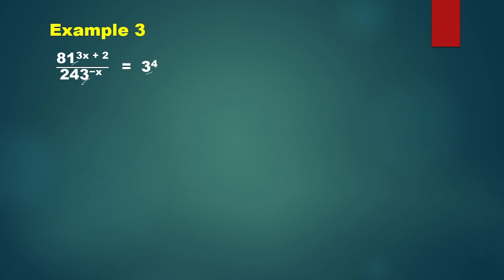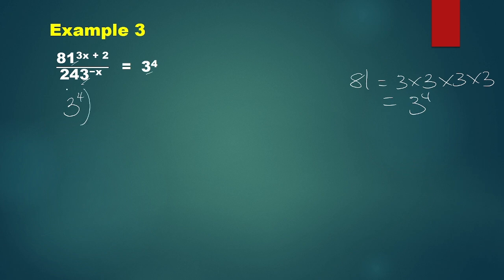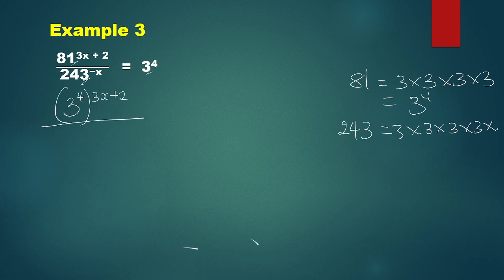There's nothing I can do yet, but I can break down 81 into 3 multiplied by 3 multiplied by 3 multiplied by 3. That is 3 in 4 places will give me 81. So I can rewrite 81 as 3 raised to the power of 4 into 3x plus 2 over, I can rewrite 243 as 3 times 3 times 3 times 3 times 3.